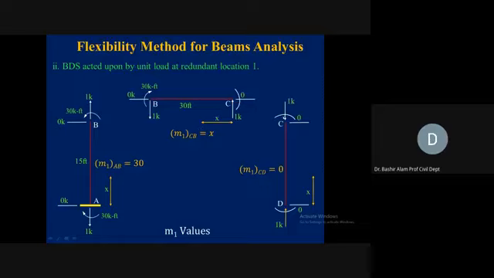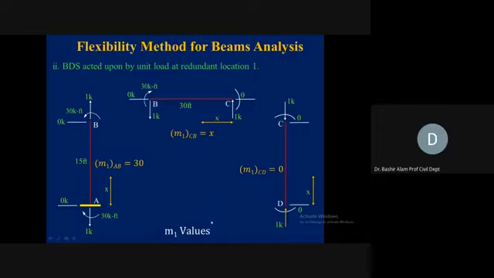Joint C should be in equilibrium: 1 kip upward, so 1 kip downward here, horizontal 0, moment 0. Now member CD should be in equilibrium: 1 kip downward, 1 kip upward, horizontal 0, moment 0. Now each member and each joint is analyzed.